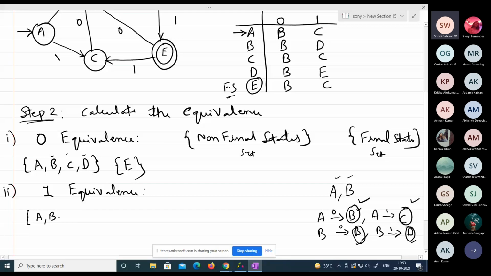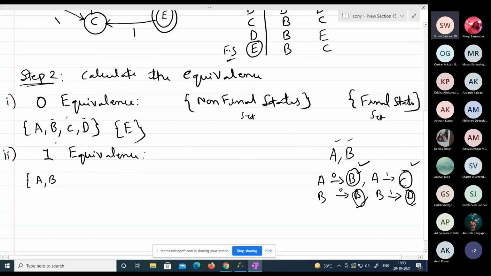Now AB is already present, we know that. Now you can see for AC also what happens in AC, whether that is working or not. What you can do over here in this group of states, you don't have to check every time with every other state.